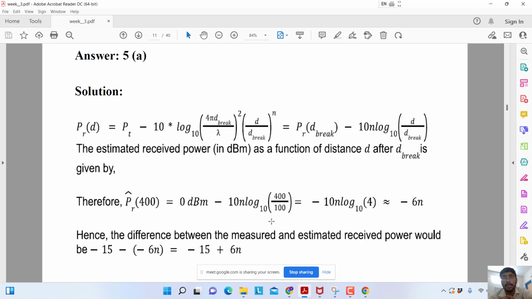From there we will get minus 10 n log10 of 4. We can calculate the value of log 4 by calculator. It will come to minus 6n. So it is the estimated power in terms of n.